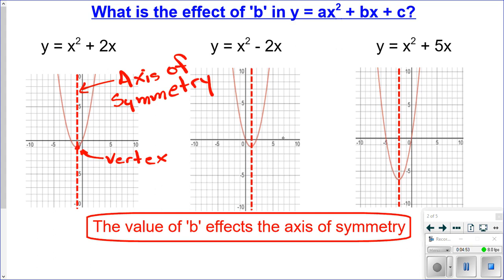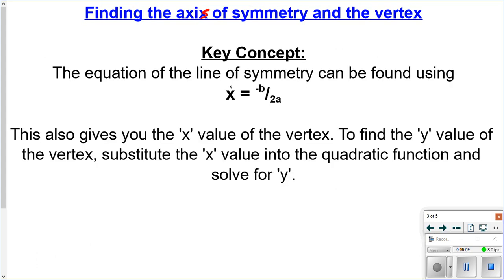And actually in all 3 of these cases, the vertex is a minimum. If the coefficient of x squared was negative and these were opening downward, then the vertex would be a maximum. All right. So this x value gives you the x coordinate of the vertex.